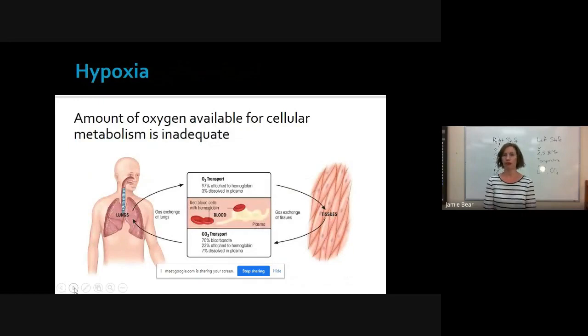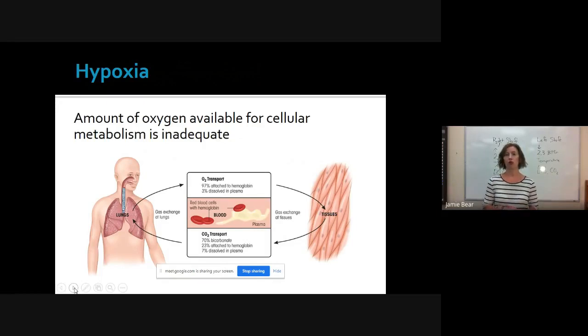So let's dive right into hypoxia. Hypoxia is when the amount of oxygen available for cellular metabolism is inadequate. So just reviewing again from this lesson, oxygen is transported mainly on hemoglobin, and 3% of it is dissolved in plasma.